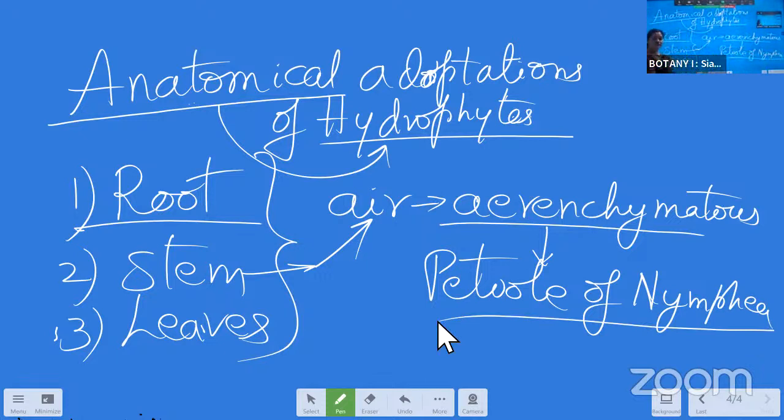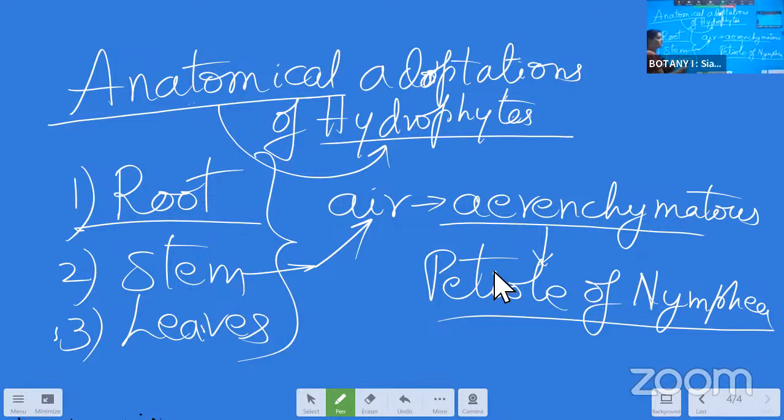This we have to write over here. Why? Because the petiole, meaning the stalk of the leaf, will always have the characteristic features of the stem and the leaf. But here, mostly we will see the stem characters in the petiole of Nymphaea. So we have to write about those characters only here.